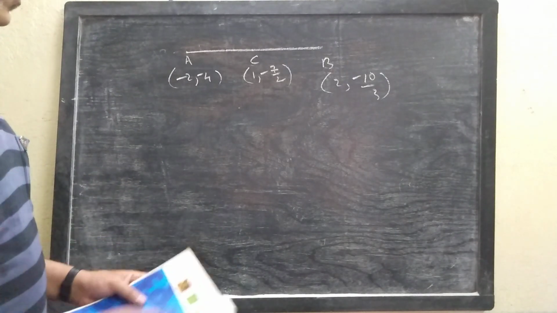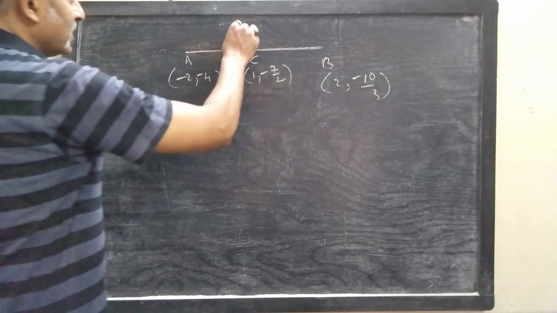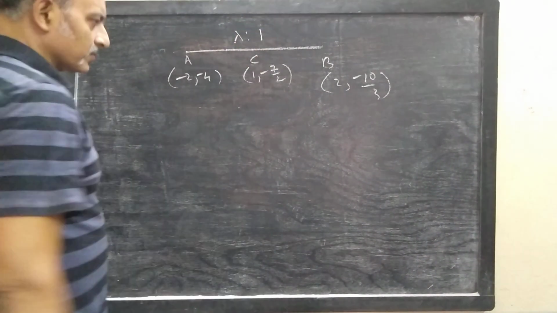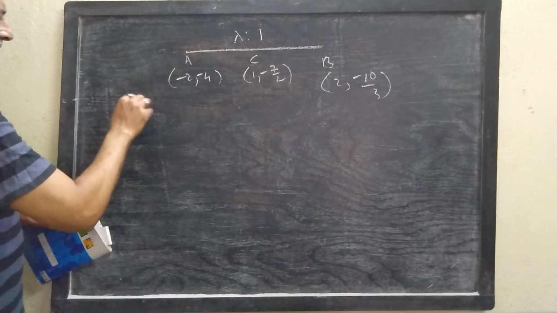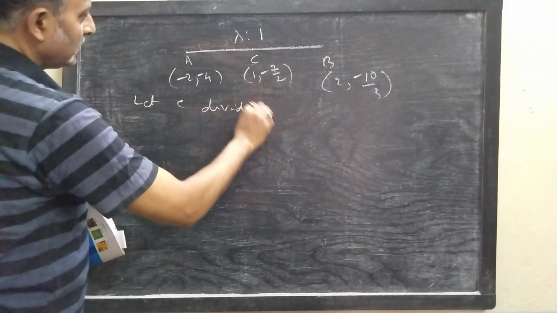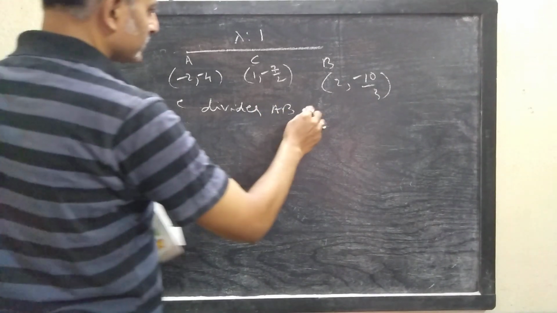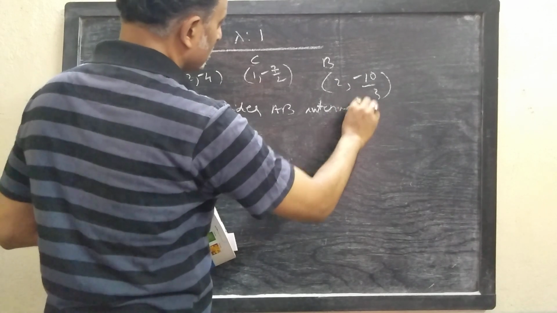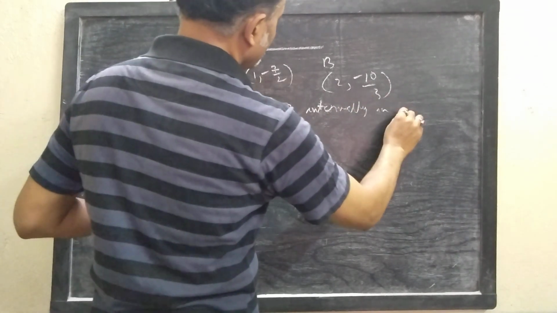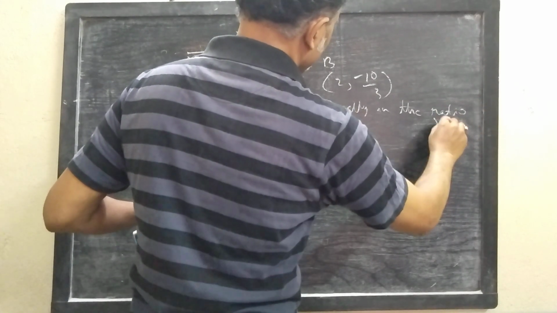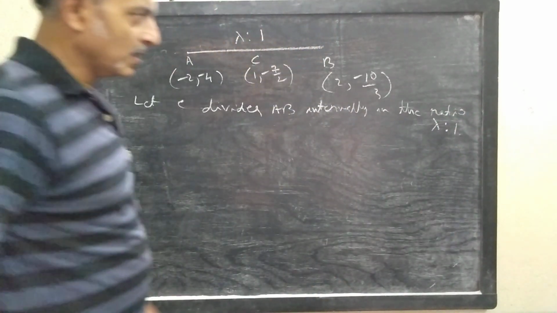So in this type of problem, we consider the ratio as lambda is to 1. So first write, let C divide AB internally in the ratio lambda is to 1.